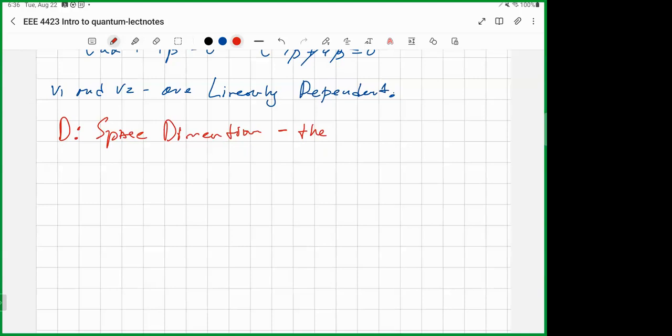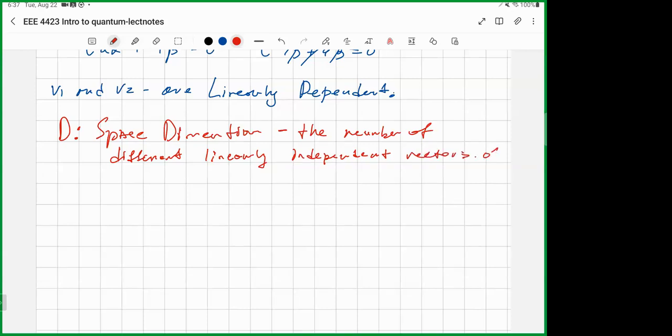So the space dimension is the number of different linearly independent vectors of this space.